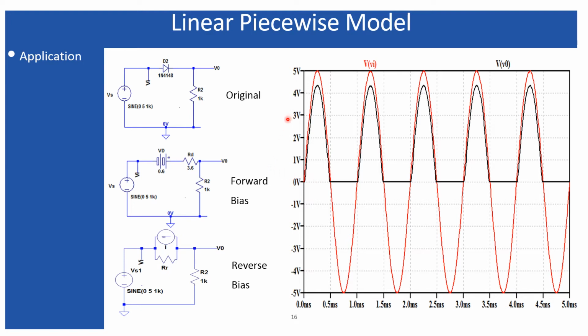But such a voltage output I have obtained using simulation. You cannot obtain such kind of output across the load by replacing the original diode using its model. Such kinds of models are basically to analyze a particular circuit when the circuit contains a nonlinear device. In this example, the device is the diode itself.